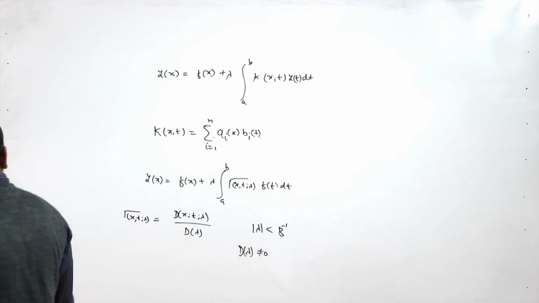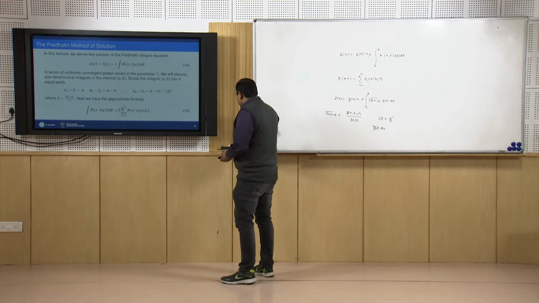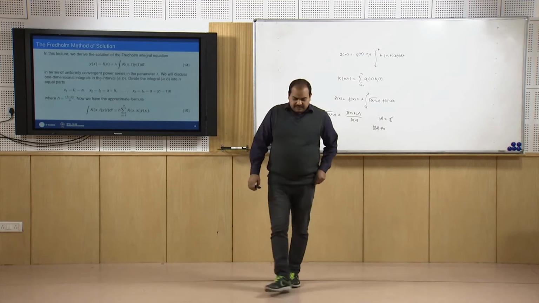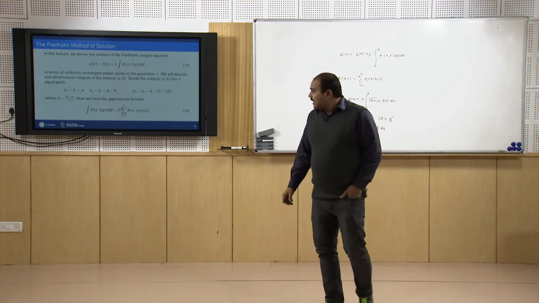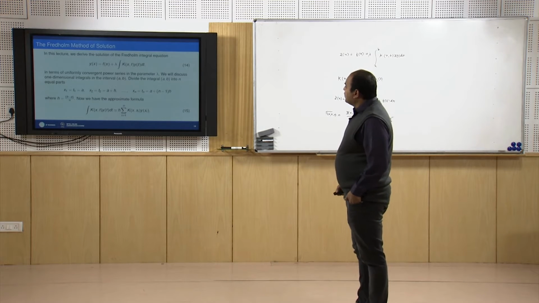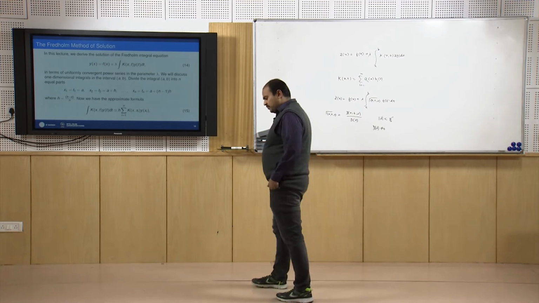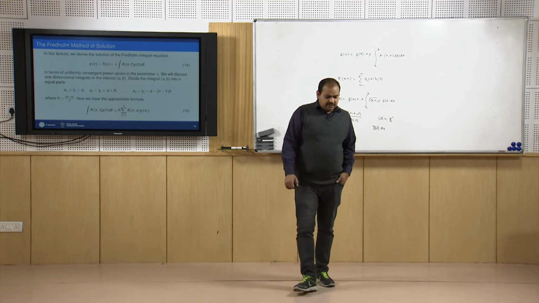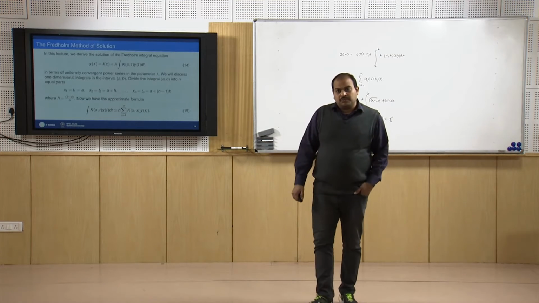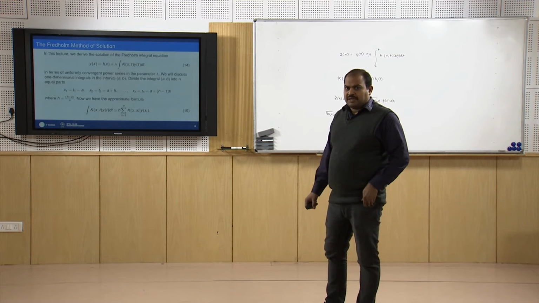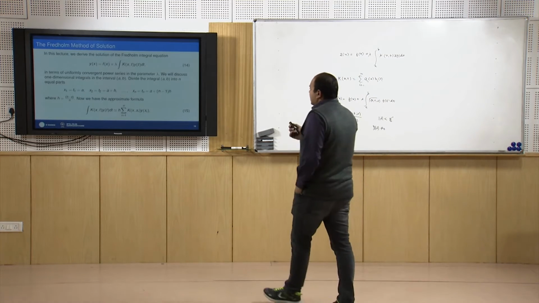So to start with, let us look at this method which is proposed by Fredholm himself, and he gave three theorems known as Fredholm first theorem, second theorem and third theorem, which give the solutions for all lambdas, and it is as follows.